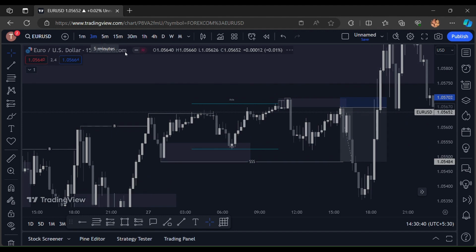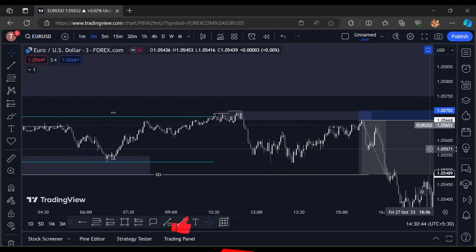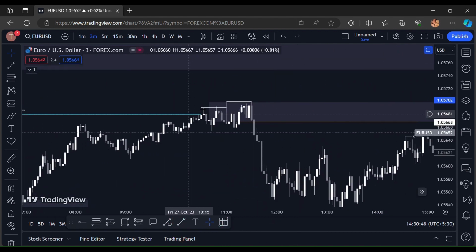When the kill zone started over this zone, I was able to see a continuous sweep of the highs in the market, and later what happened was this breakdown over here.